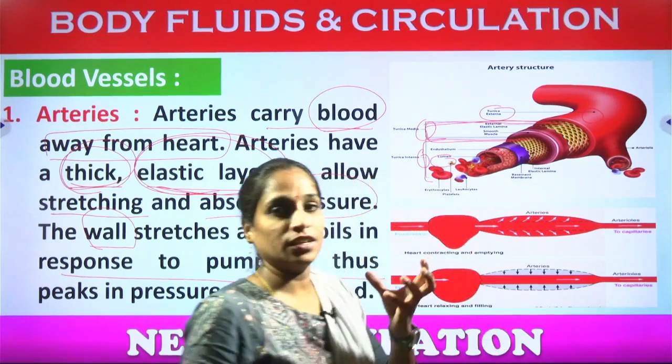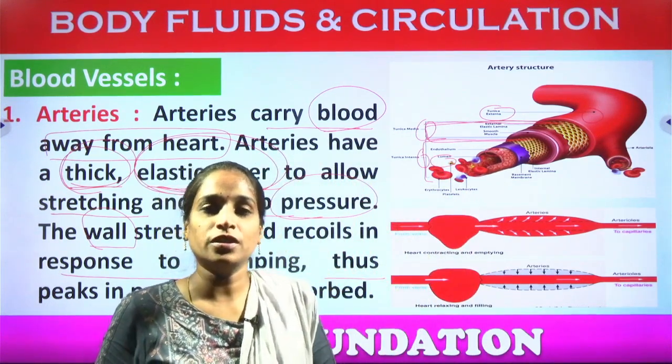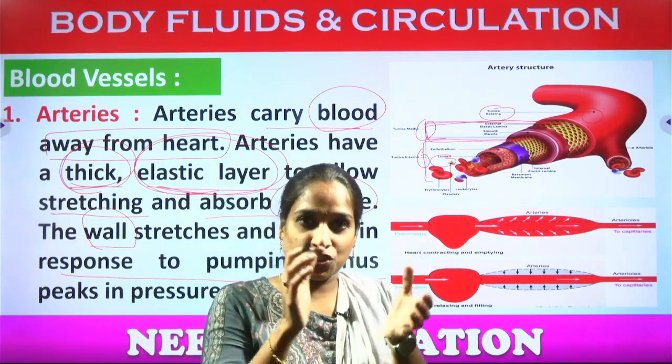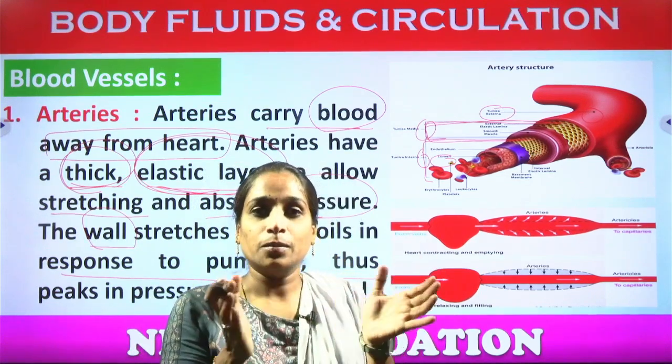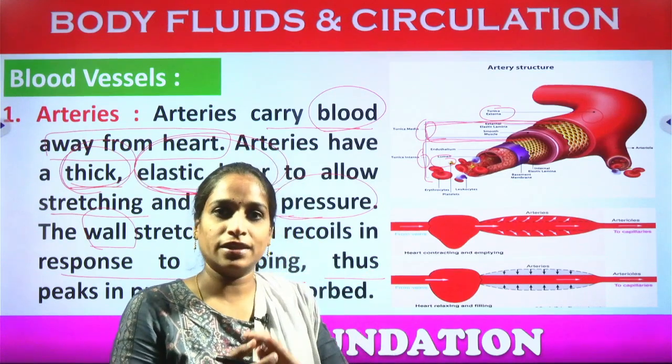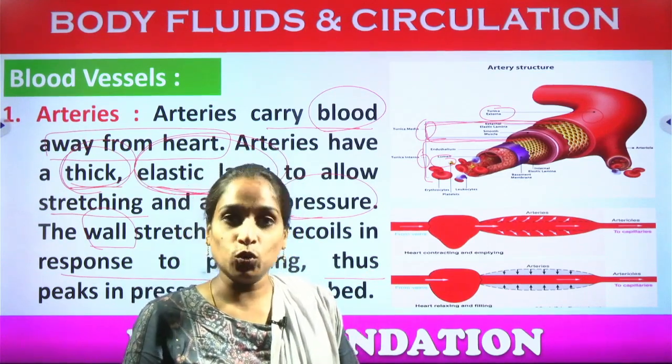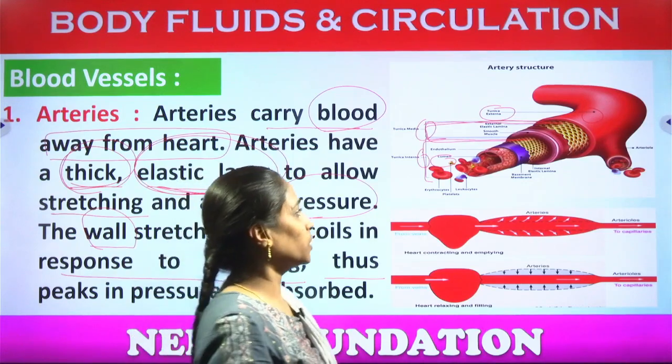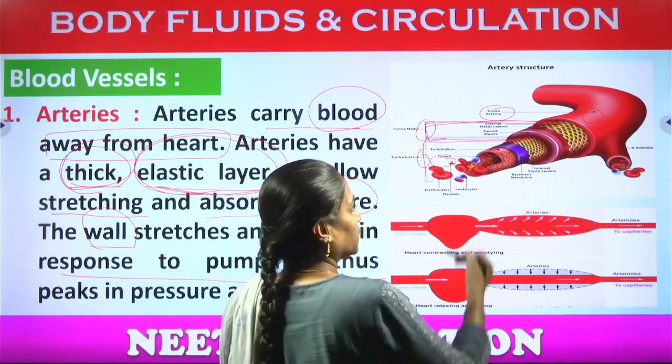The lumen is the inner space, which is responsible for dilation and constriction, making room for the blood cells and other substances moving inside the blood vessels. What is present inside the blood vessels?